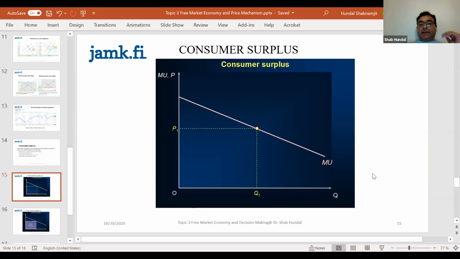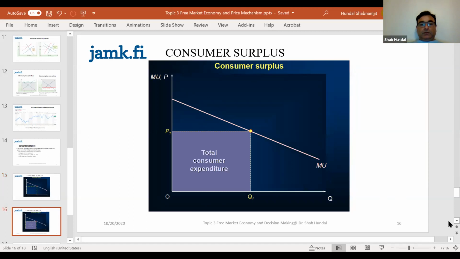So now how we measure consumer surplus is like this. Let's say you buy 5 shirts, and each shirt is costing you 50 euros.